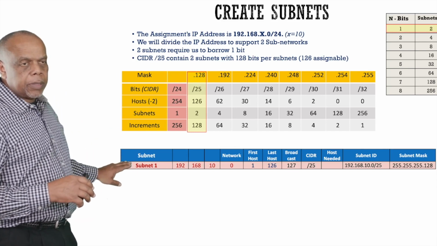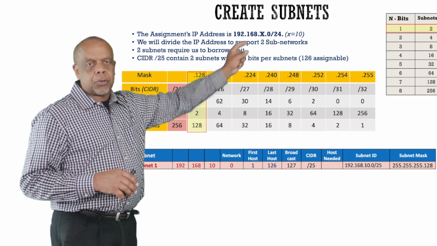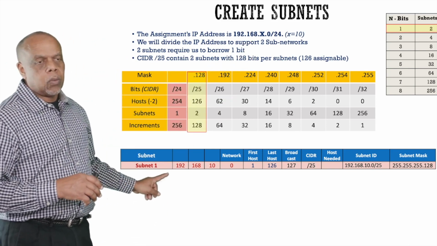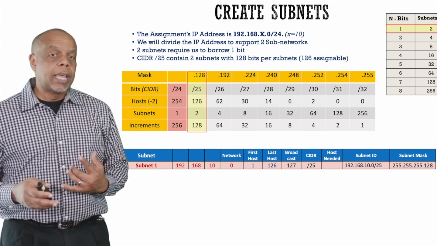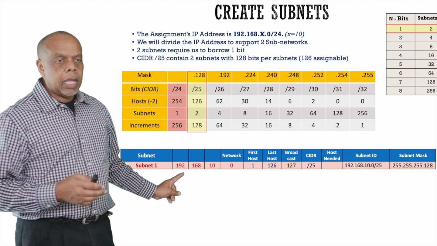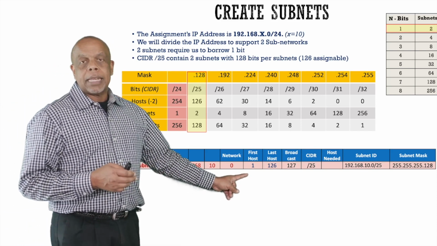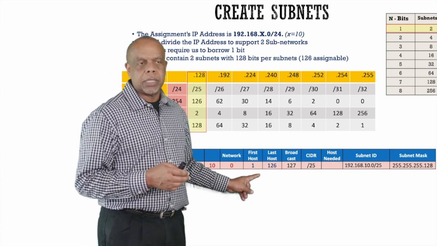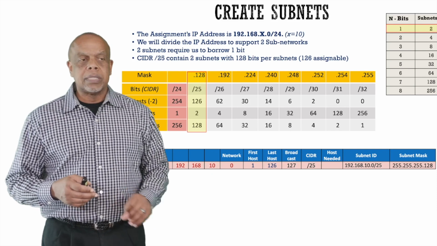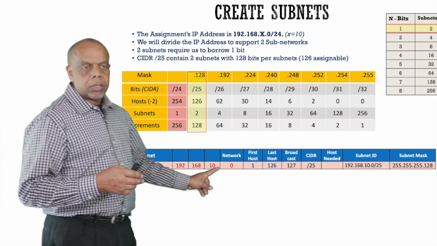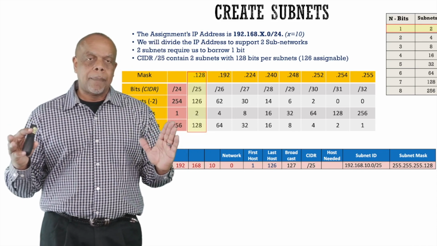My first subnet, the IP address is going to be my original IP address that I started with, 192.168.10.0. Remember, I can't assign the first and the last host, right? So my first assignable is going to be .1. My last assignable, .126. The broadcast address, which I can't assign, is .127. So from 0 to 127, that is the 128 IP addresses.